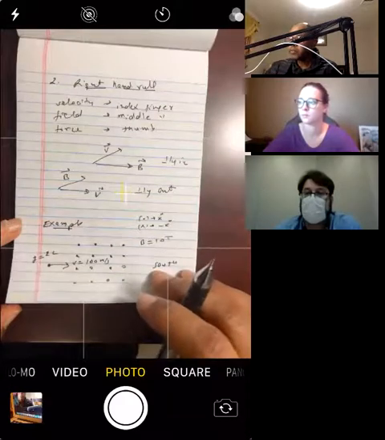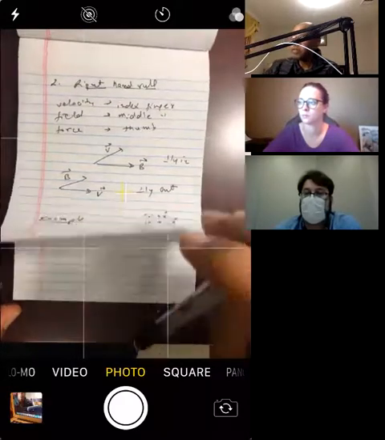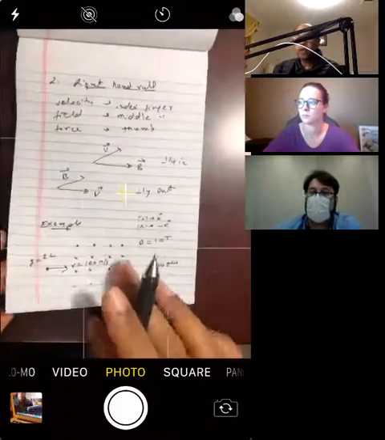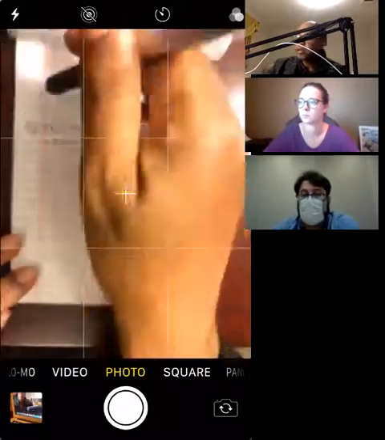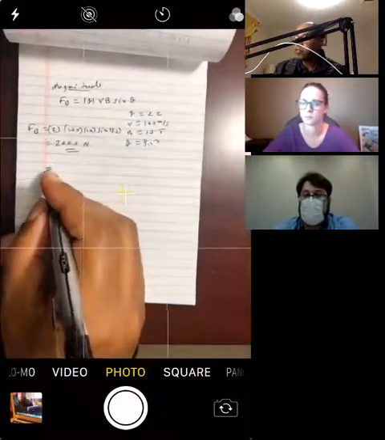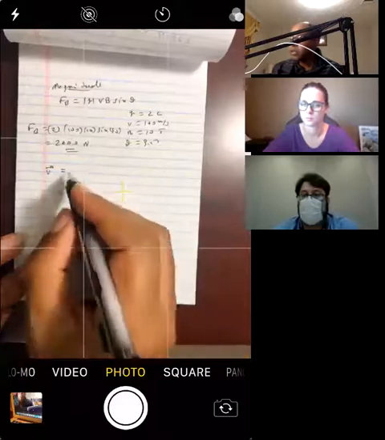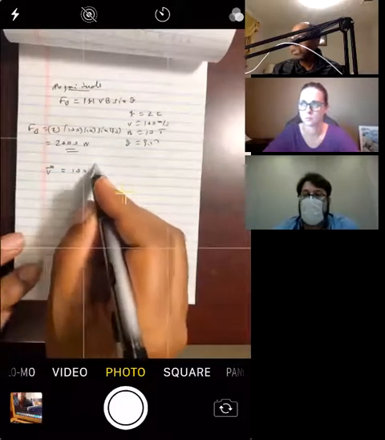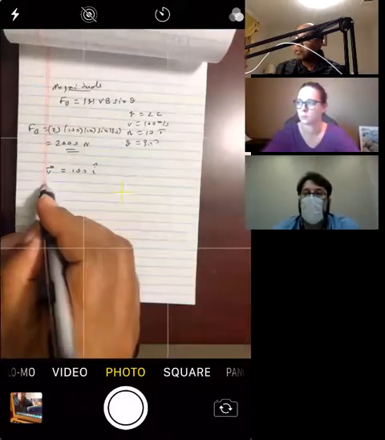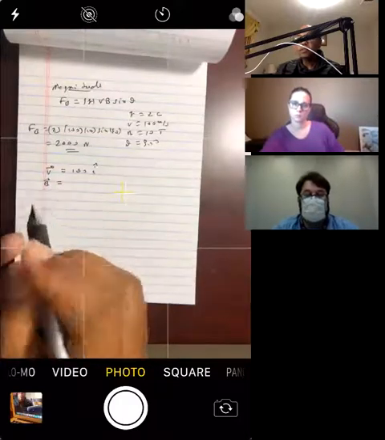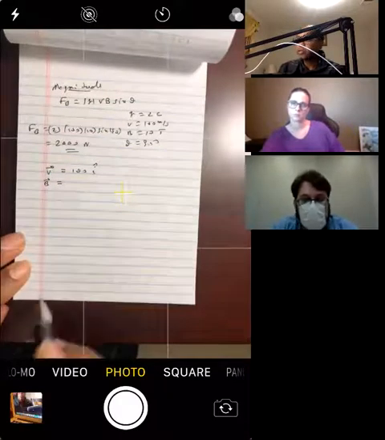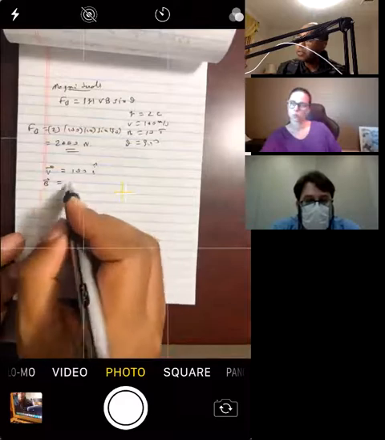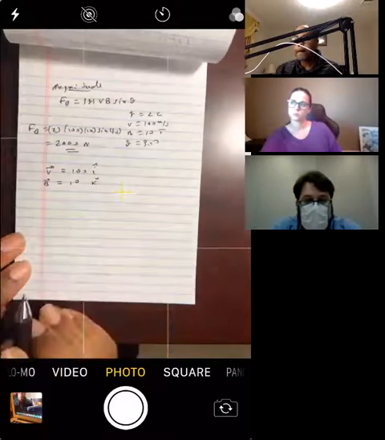In this case, what do we have? We have the velocity going to the right, so that's in the I direction, right? So the velocity vector is 100 in the I direction, okay? How about the field? The field is up, which means in the K direction, right? So that is 10 in the K direction, okay?